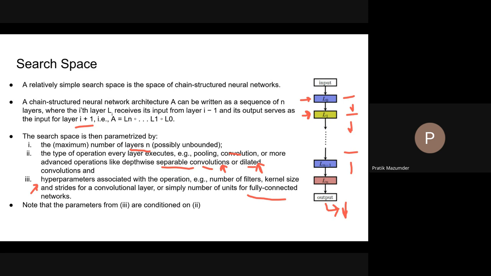And obviously, the hyperparameters are associated with the corresponding layers that you have added at each of these levels. So based on that, your search space will be structured in this particular manner. Okay. So it's a very basic search space where you only get to sequentially add new layers and change the type of layers, or change the hyperparameters of each of these layers till you reach your output.